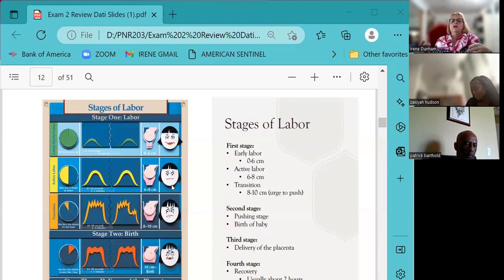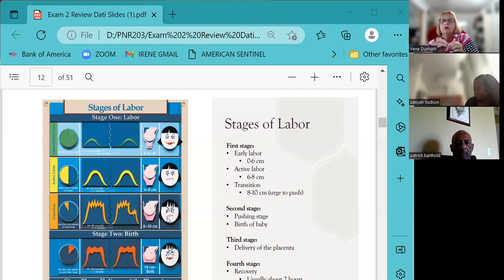Then from there, she goes into transition. This is her in transition. She has to really work with every contraction and breathe with the contractions. If she doesn't have an epidural, she might feel the urge to push. I don't want her to push.